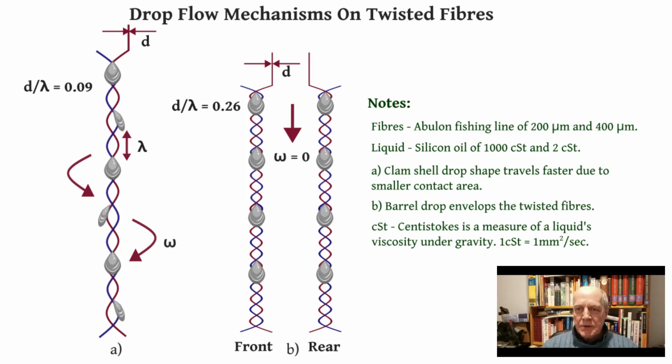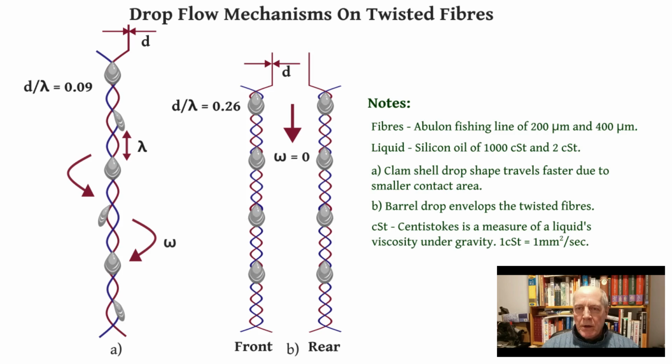So on this first slide, there are obviously two diagrams, A and B. The parameters shown on the slide are the thickness of the fibres, that's each individual fibre, not the twisted fibres as a whole, the wavelength of the twists in the fibre, and also the rotational velocity, or if you like, angular velocity.